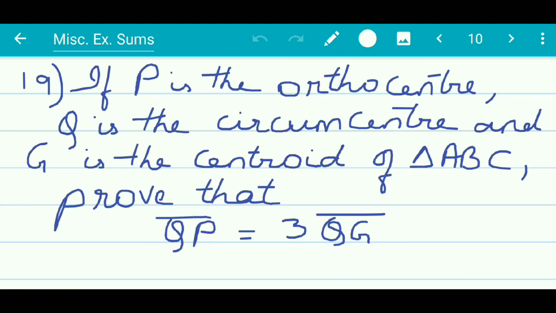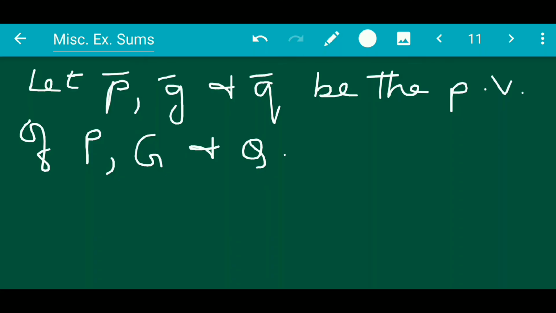Now the 19th sum. In the 19th sum, if P is the orthocenter, Q is the circumcenter, and G is the centroid of triangle ABC, then prove that QP bar is equal to 3QG bar. So here, suppose we take P bar, G bar and Q bar as the position vectors of P, G and Q. We know that Q, G and P are collinear.